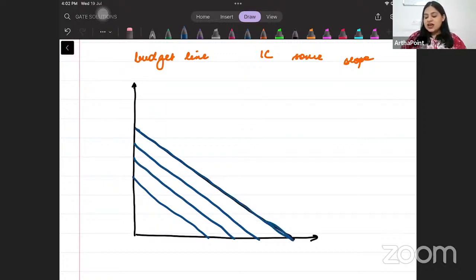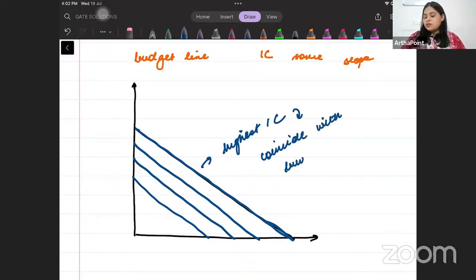So the highest indifference curve you can attain will coincide with the budget line. Is this clear? So these are the three cases that you have.